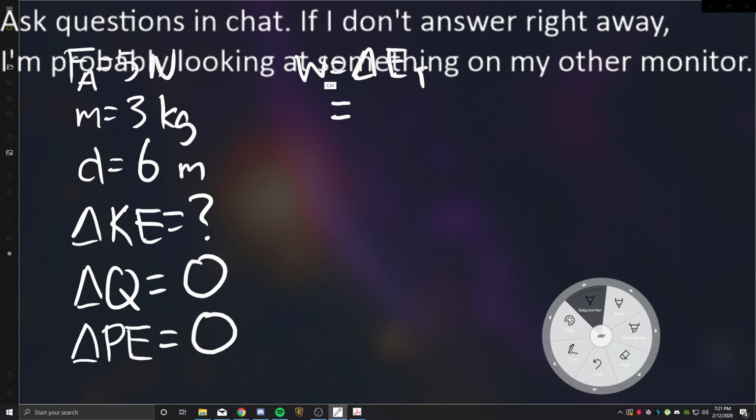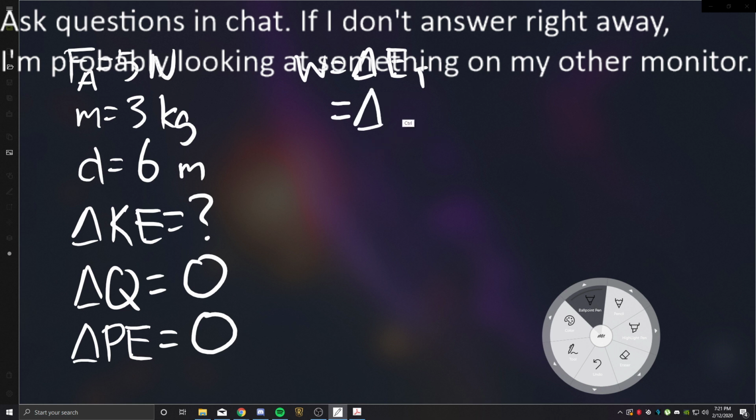Okay, so your work energy theorem: work is equal to change in total energy. To change the amount of energy something has, you need to do work. So if I'm pushing something, I'm doing work, and I'm changing its energy.